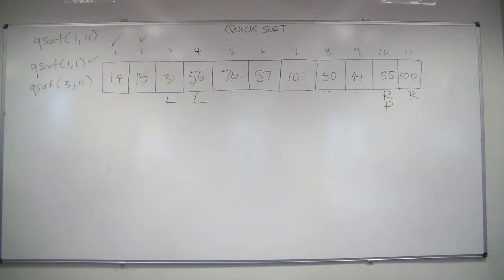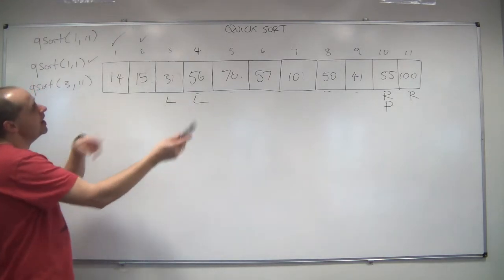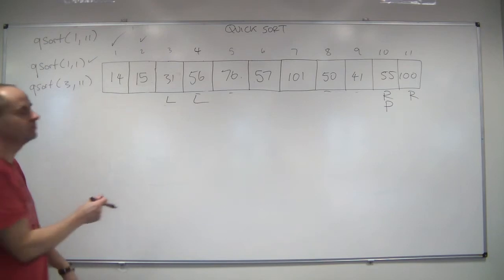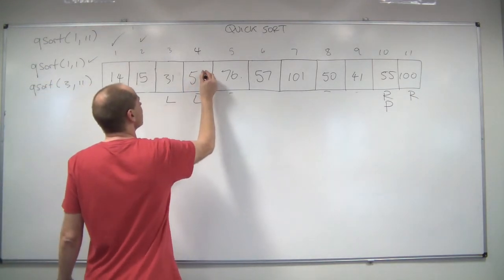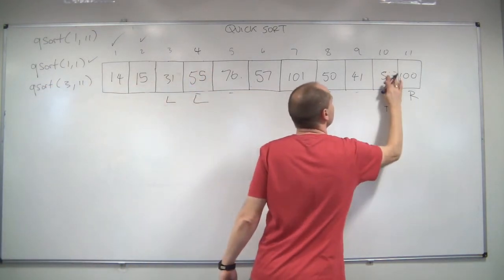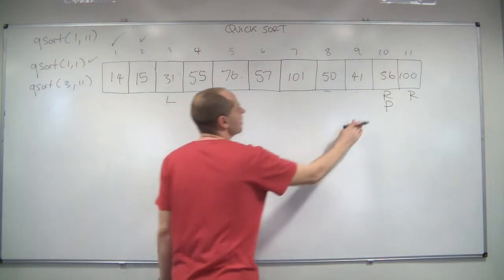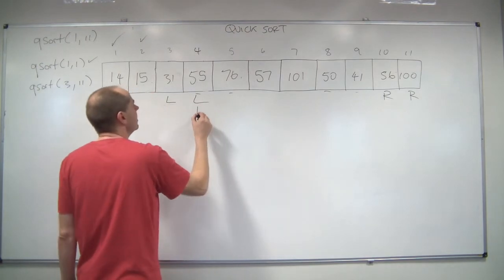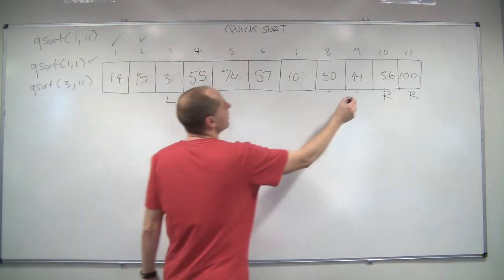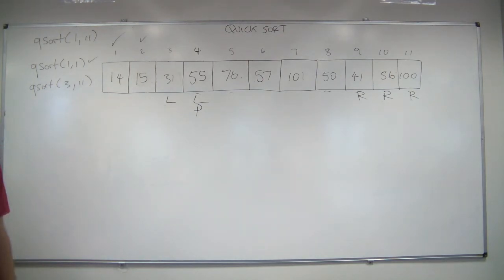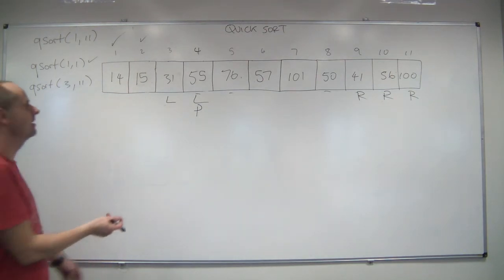But if you write it down like this, you can show how the left and right pointers have changed. Right, compare again. They're in the wrong order, so we've got to swap them back. The pivot's now gone back over here, and we move in the right pointer. 41 and 55 are in the wrong order, we've got to swap them again.